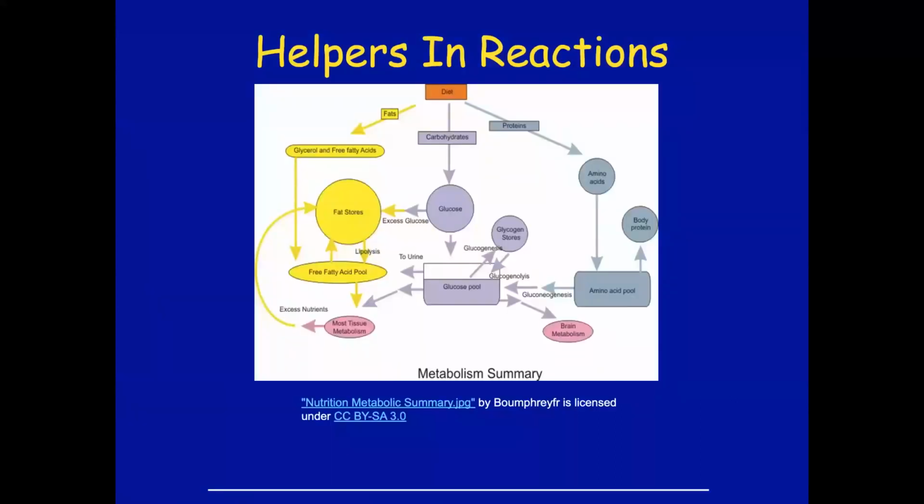And that shows you what is happening, depending on what you eat, giving you various pathways about what happens with proteins and carbohydrates and fats relative to metabolic reactions, that is.